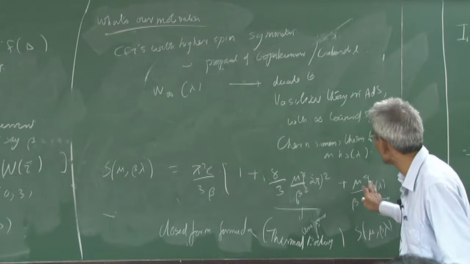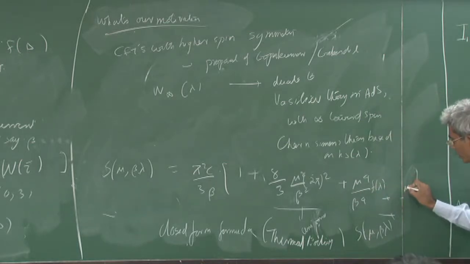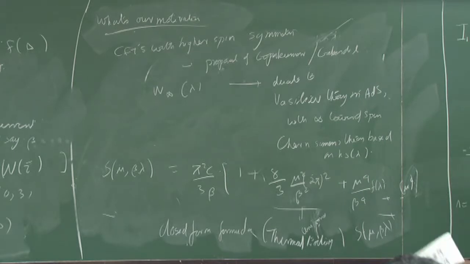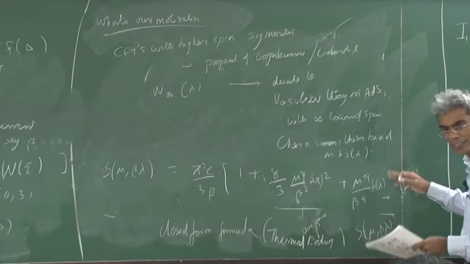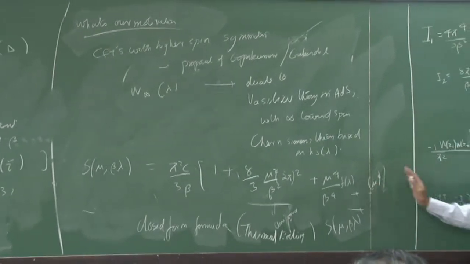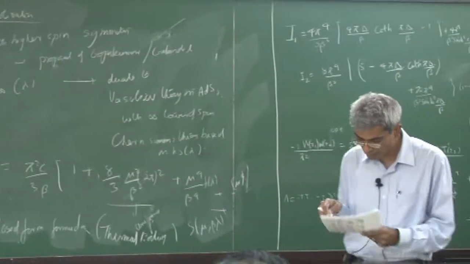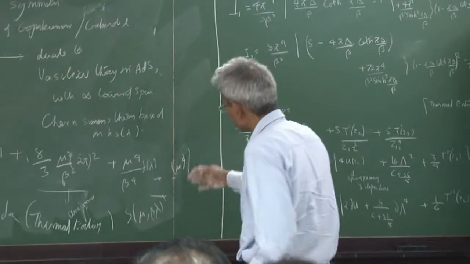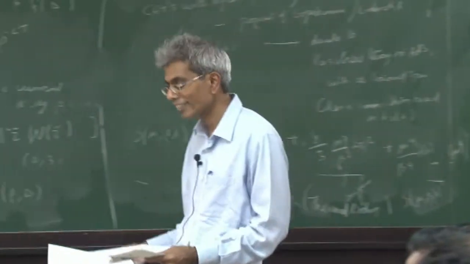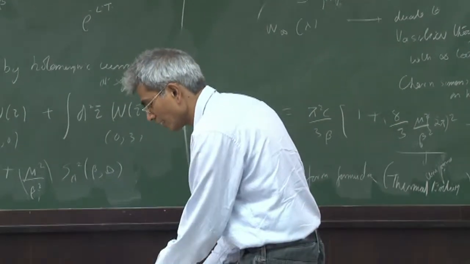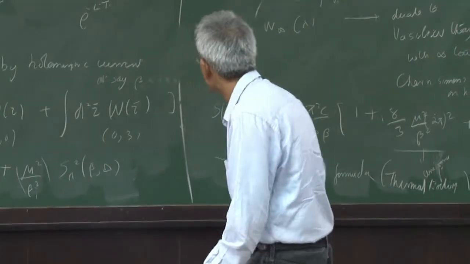The CFT calculation has been done till mu to the 6th, and it agrees till that order. At every order there is an f of lambda which is known. Yes, so this mu is dimensionful.